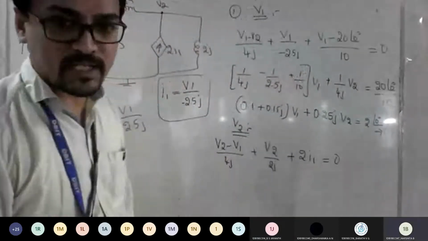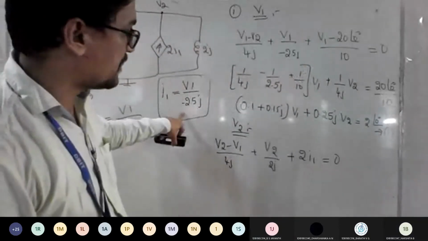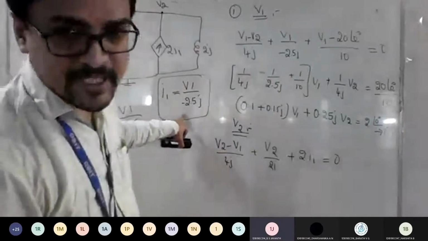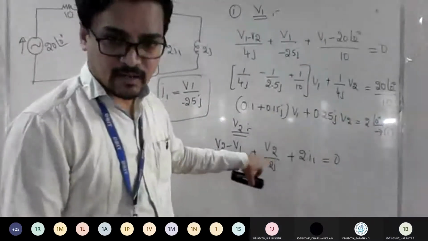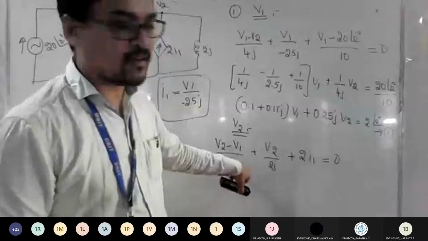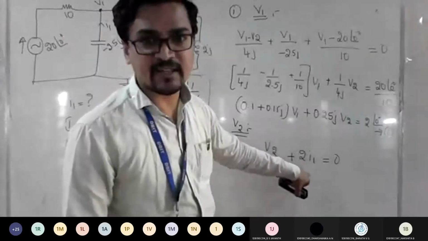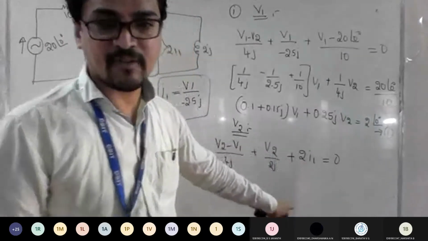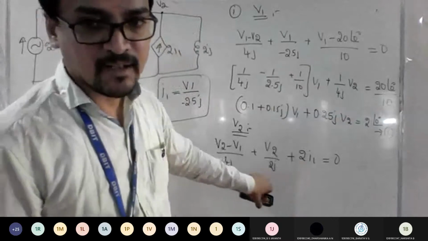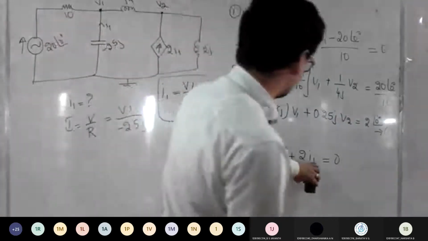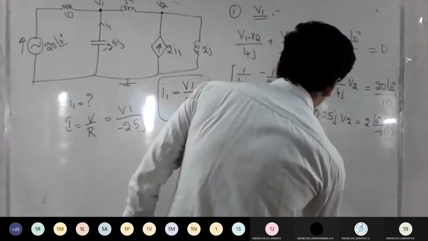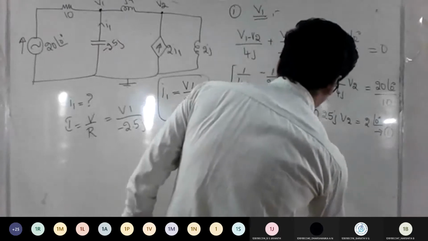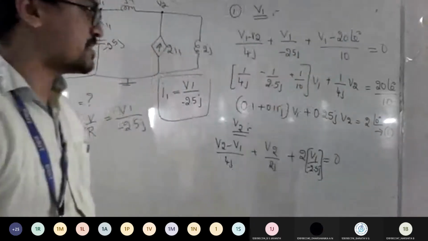But we have proved that I1 equals V1 by minus 2.5J. Don't directly make the equation here. Write the original equation, then substitute the value of I1 in this position. Is it clear to everyone? So substitute the value of I1 here, that becomes V1 by minus 2.5J. Now tell me the simplified expression.